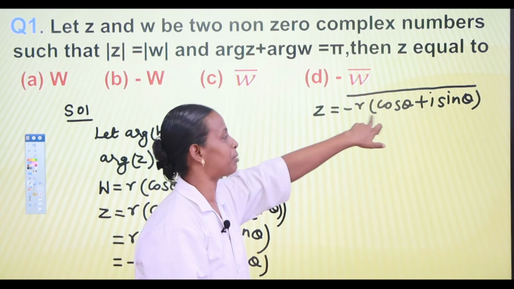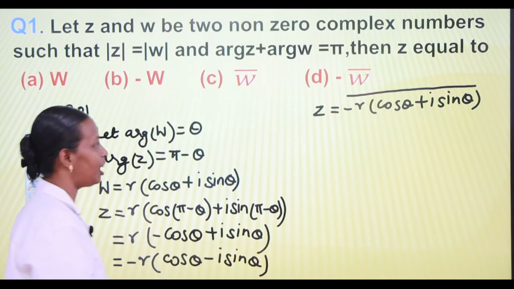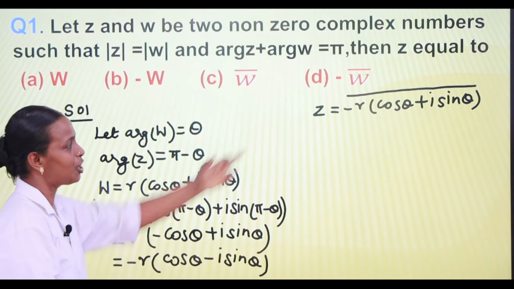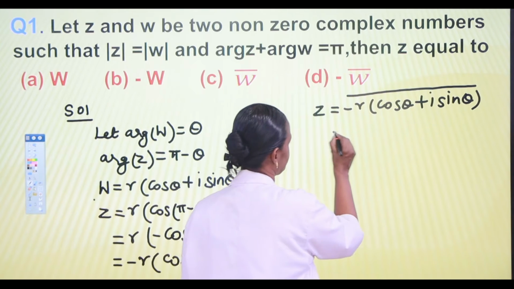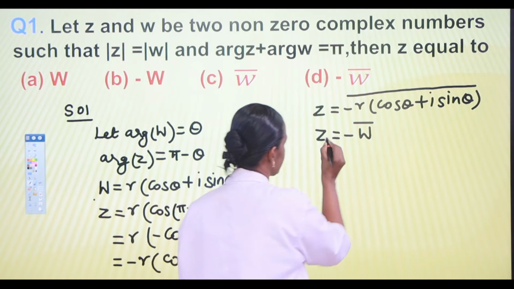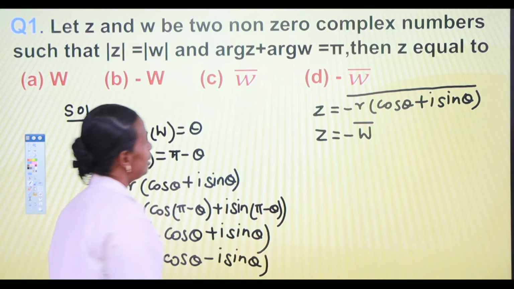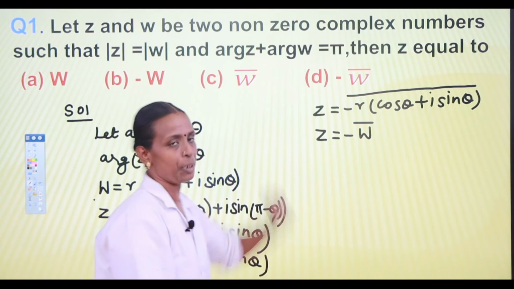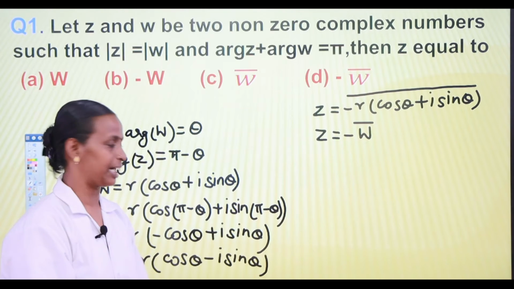Conjugate of this complex number is cos theta minus i sin theta. So, this is nothing but what? W is R into cos theta plus i sin theta. So, you have to write this as minus W bar. Your question is Z is equal to what? So, Z is equal to minus W bar. Option D is your correct answer.